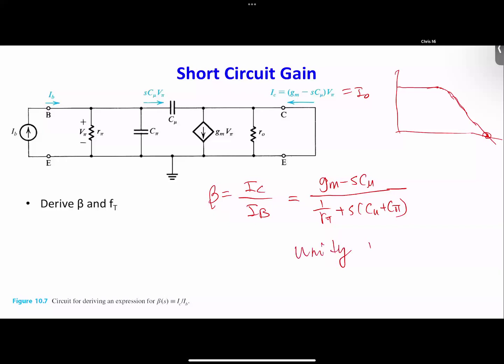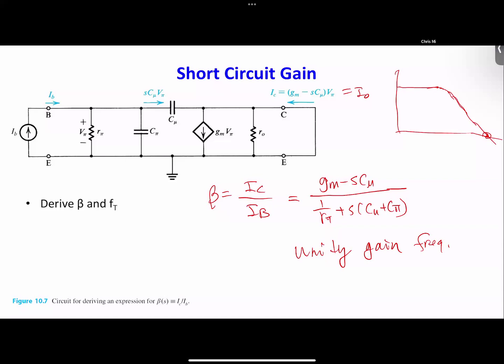So similarly, can you guys write together what is the unit gain frequency here? Well, basically, unit gain frequency means that if we neglect this one, we will simply just have this one equal to 1, right? So that's unit gain. And from that equal to 1, you can find what your S is.